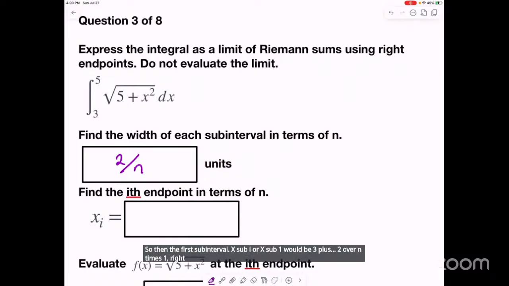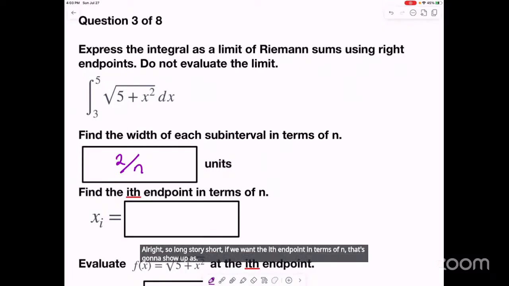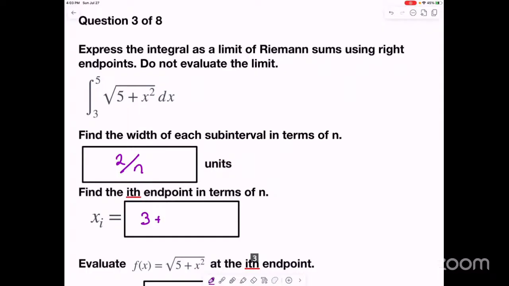So for n equals 5, we would say 3 plus 0.4. And then the next one, we would have to say 2 times, right? So long story short, if we want the ith endpoint in terms of n, that's going to show up as 3 plus 2 over n times i, right?